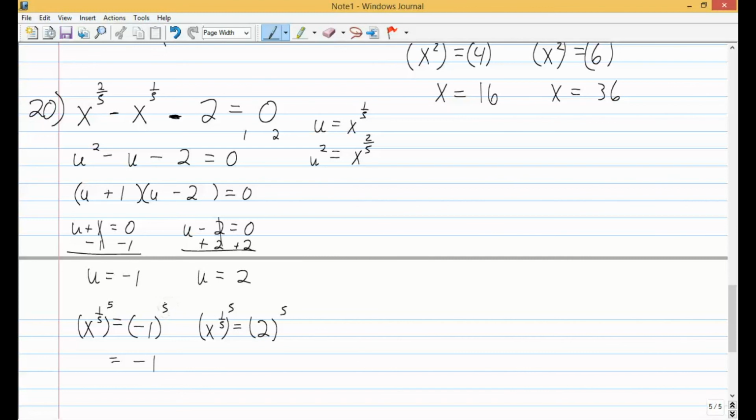If this number is odd, and you're raising a negative number to that power, you always get a negative. So I get x equals negative 1 and x equals 2 to the 5th power. So 2 times 2 times 2 times 2 times 2. So 4, 8, 16, 32.